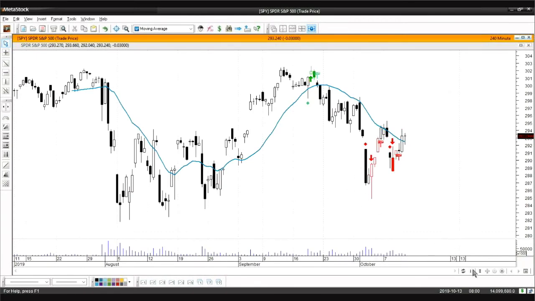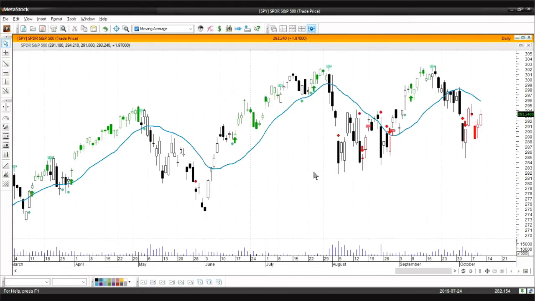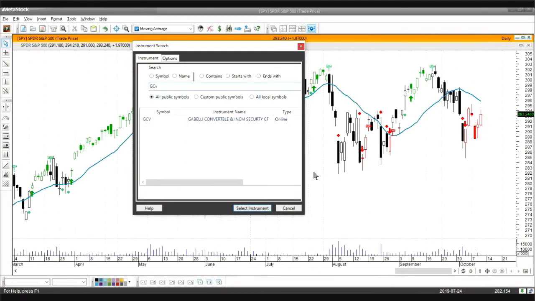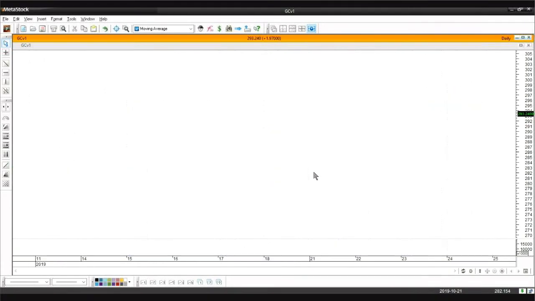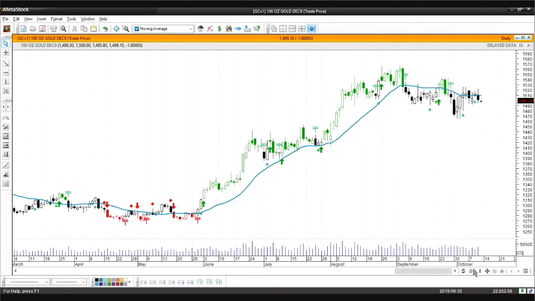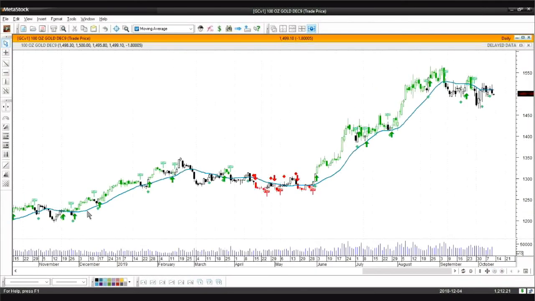It really doesn't matter on the time frame. It doesn't matter if it's, say, let me show you gold, for example, a futures contract. Okay. Here's the daily. Again, real nice setups, no problem.